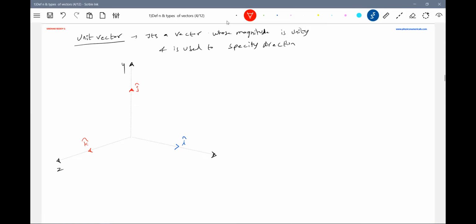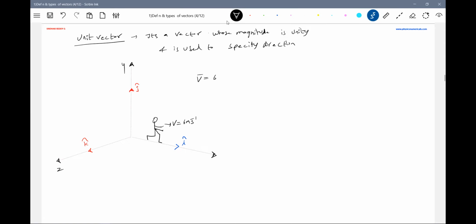So what is the use of this? Suppose let's say that a person is running with a speed, say v equal to around 6 meters per second, along x-axis, that you can see clearly. Now, what is the velocity of that person?